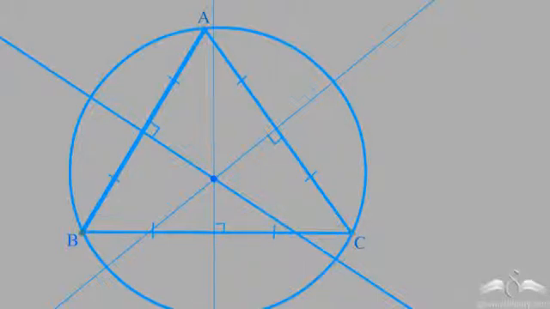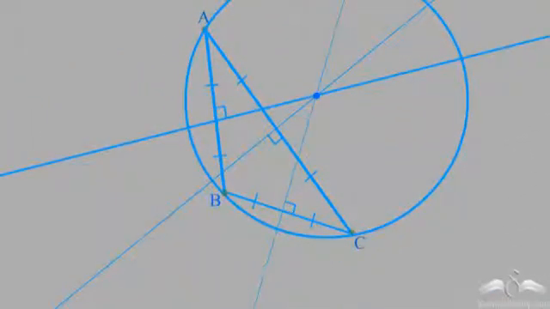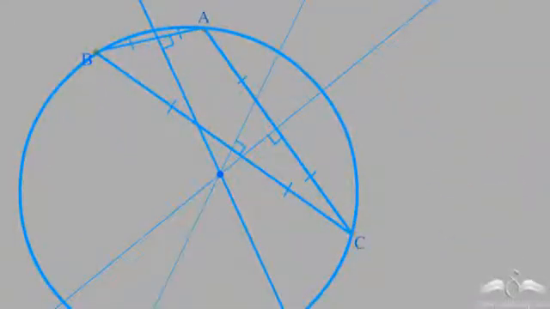So you can see that for any triangle, you can get the circumcenter by drawing perpendicular bisectors and finding the point where they intersect. And with this point as the center, you can make a circle around the triangle also. So even if you try to move this triangle or make any triangle, you will see that you would always get a circumcircle.